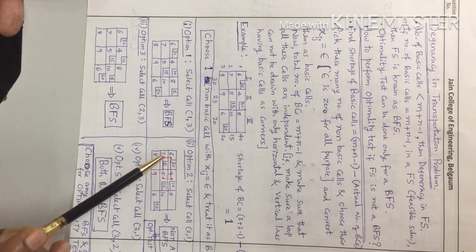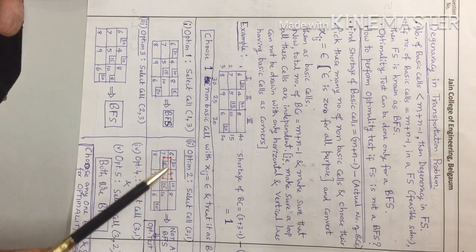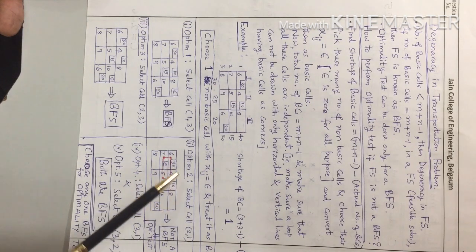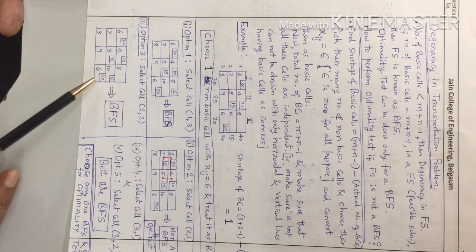Therefore, it is possible for me to draw a loop. So now these basic cells are not independent, and I cannot treat this feasible solution as a basic feasible solution. Therefore, this is ruled out. You cannot choose here.